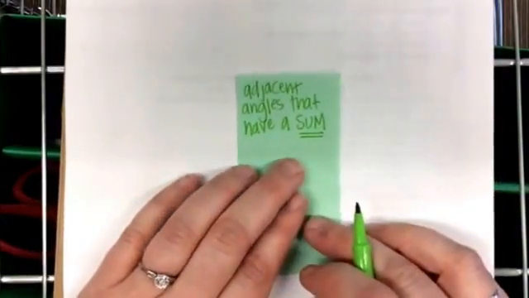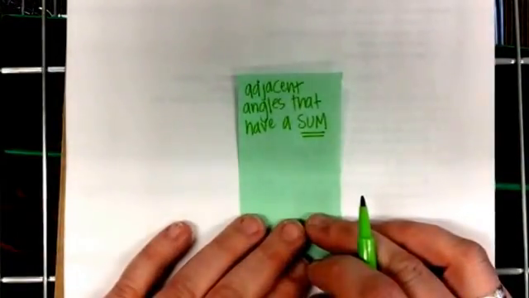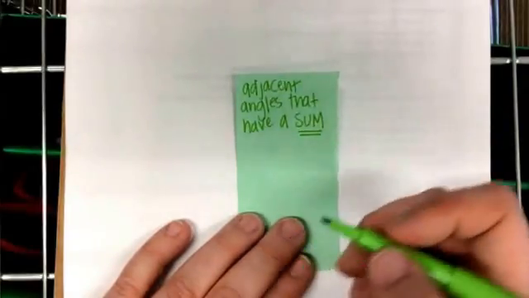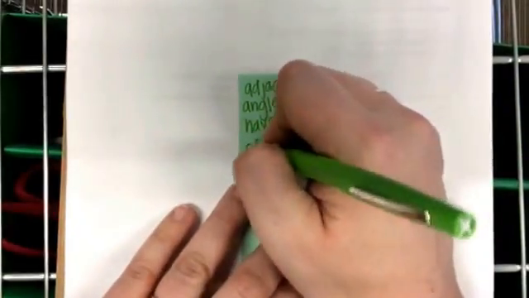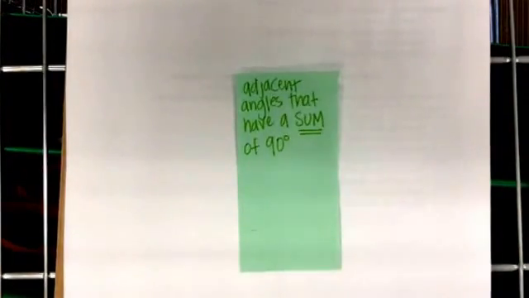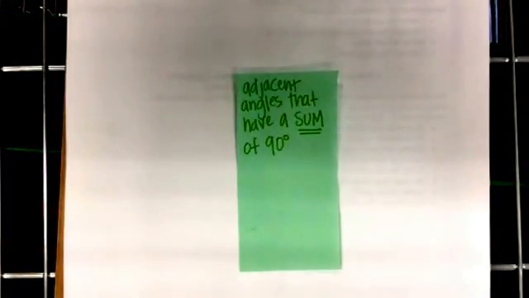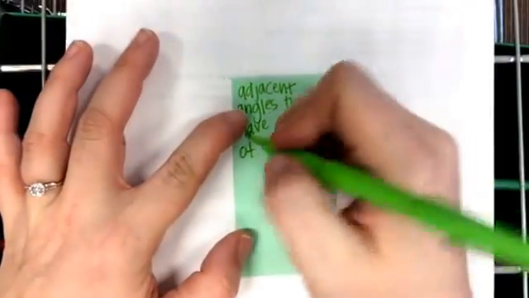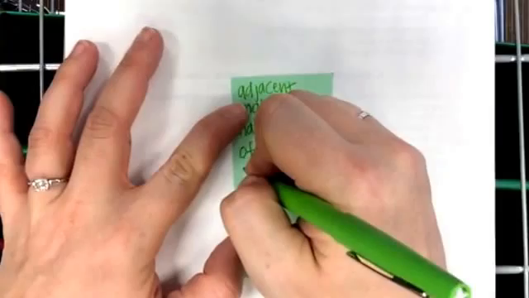What does the word sum mean? Good. If you add them together, of 90 degrees. So it has to be two acute angles. Two acute angles. Good.